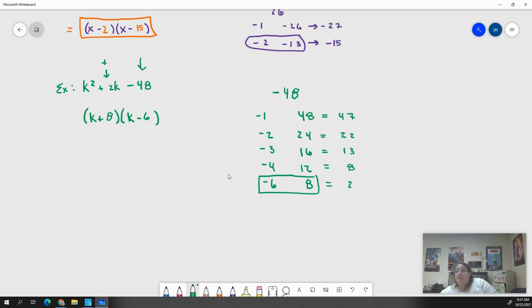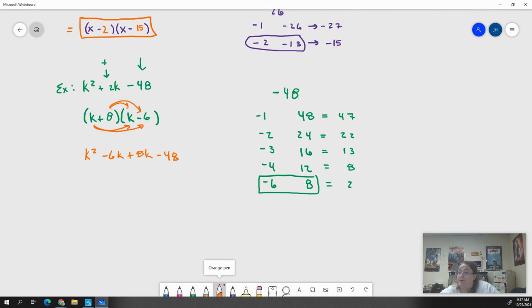This is our solution. If we want to check it, absolutely we can. We would go k times k is k squared. K times negative 6 is negative 6k. 8 times k is 8k. 8 times negative 6 is negative 48.